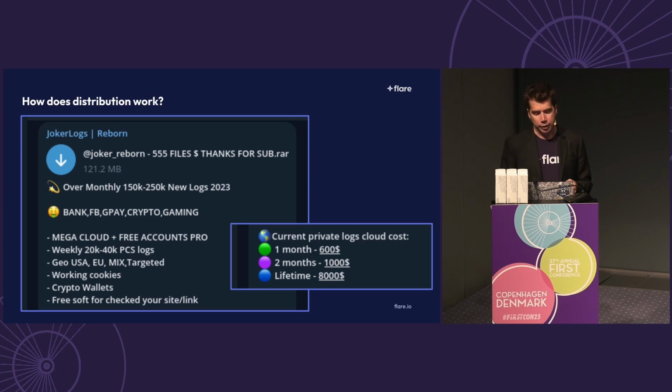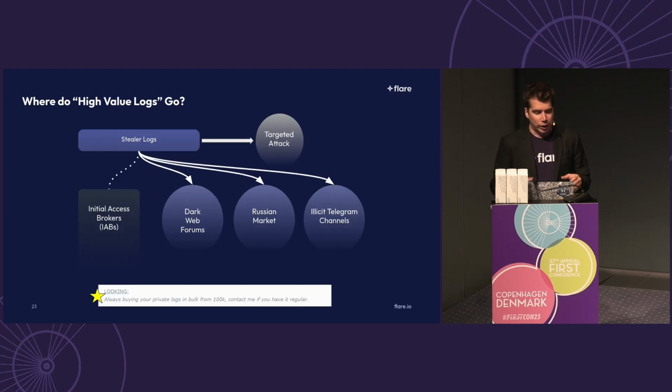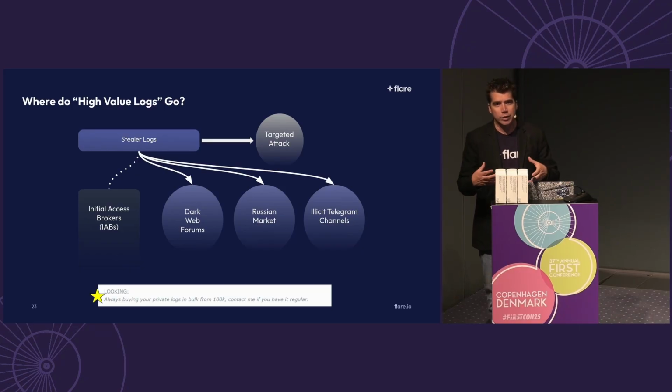This is an example of a Telegram ad. There are also websites dedicated to distributing these types of logs, and here you see a completely different pricing scheme and a very nicely designed neon-based website. We think that high-value logs would be logs where there are corporate credentials in them.